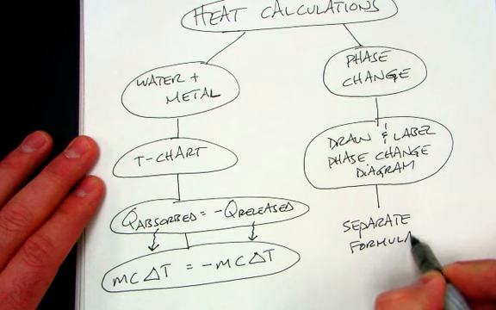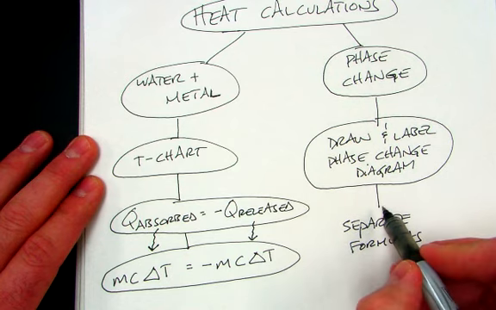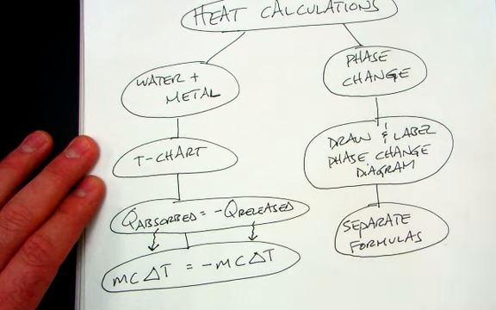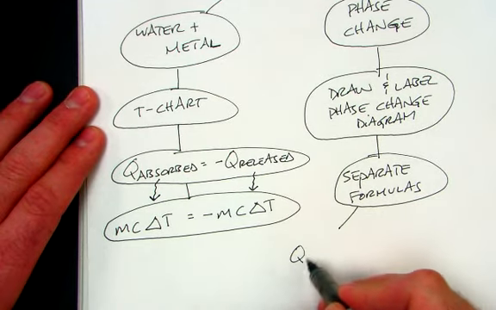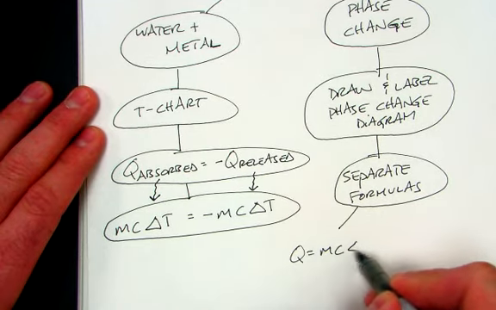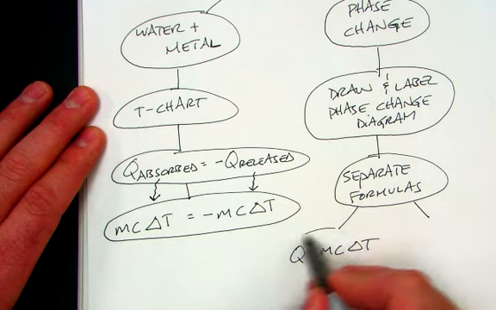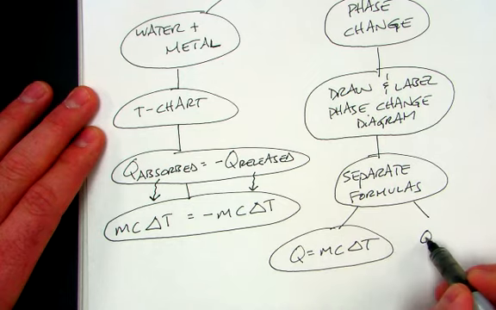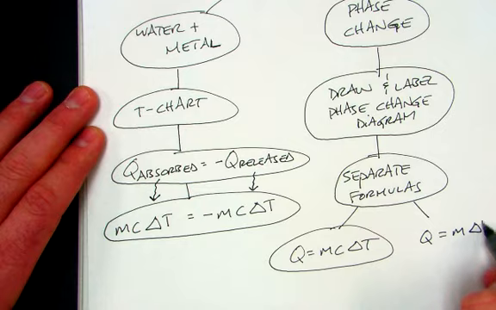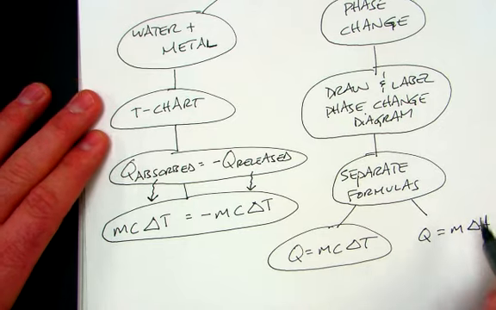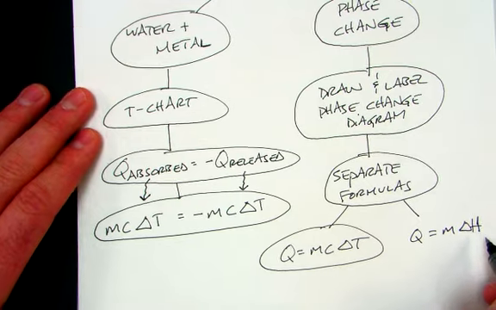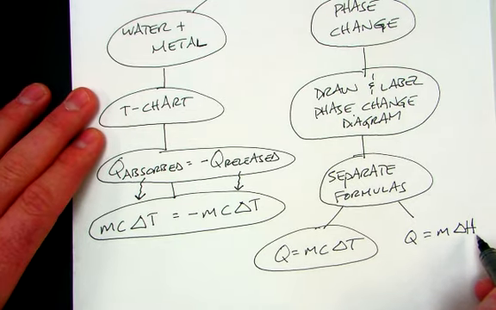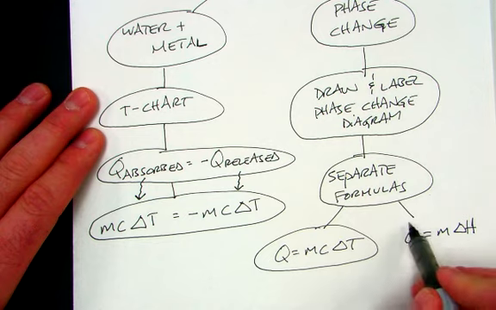Usually what that means is you have Q equals MC delta T, and you're also going to have Q equals m times delta H. If you're in the melting portion, it's going to be the heat of fusion. If you're going from liquid to gas, like in boiling, it's going to be the delta H of vaporization. So you're going to have multiple formulas.